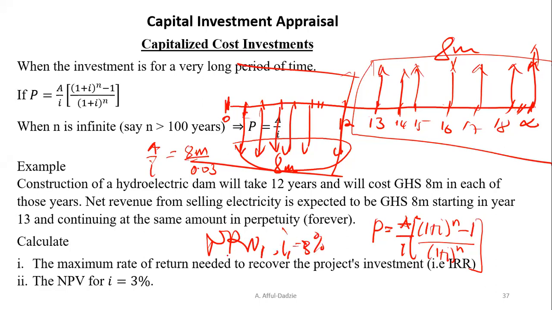Then you pick an arbitrary interest rate again. So let's say maybe NPV 2, we will compute it given maybe interest rate 2 at maybe 7, okay, or 10, anything. Just pick an arbitrary interest rate. It should still be the same. The theory is sound.